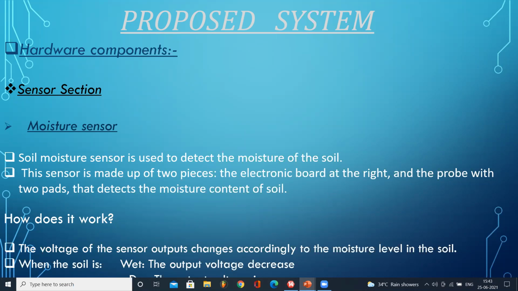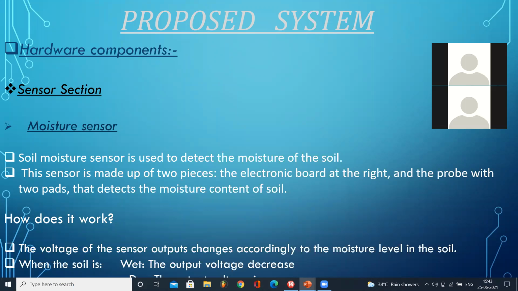How does it work? The output voltage of the sensor changes according to the moisture level in the soil. When the soil is wet, the output voltage decreases, and when the soil is dry, the output voltage increases. Please move on to the next slide.